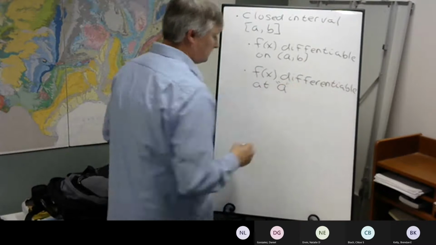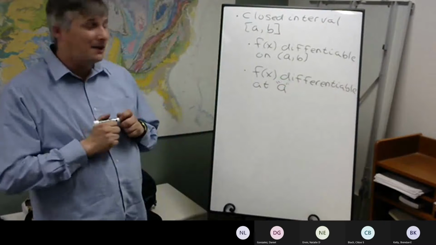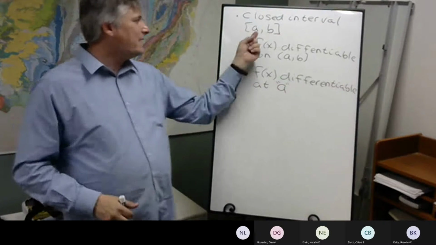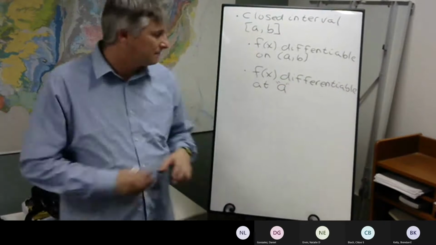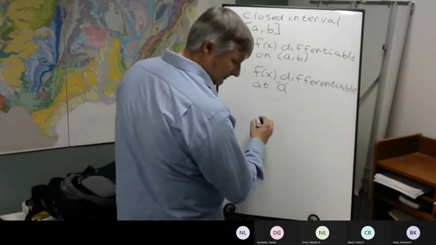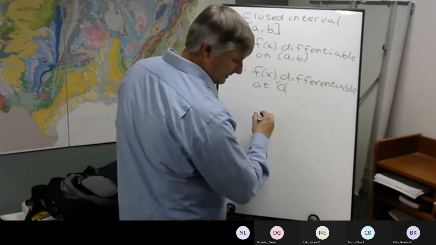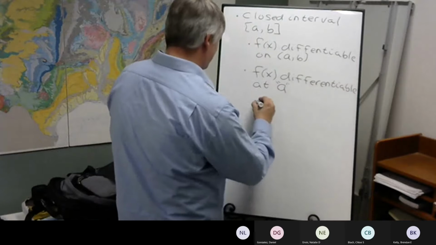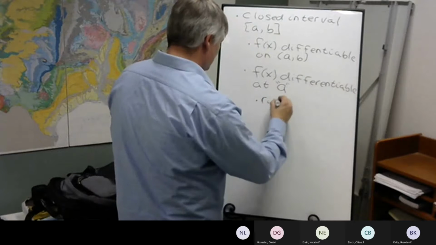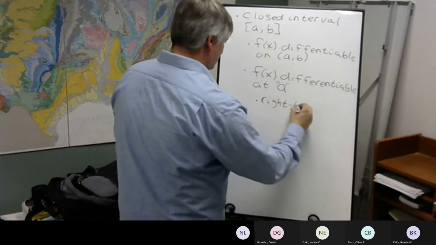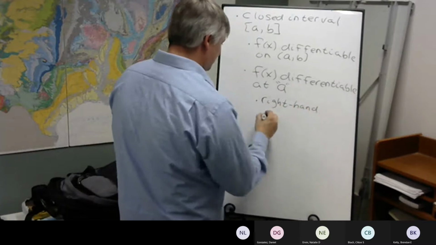So we're going to have differential at a. Now, a is on the left side of this, but we're going to call this a right-hand derivative.